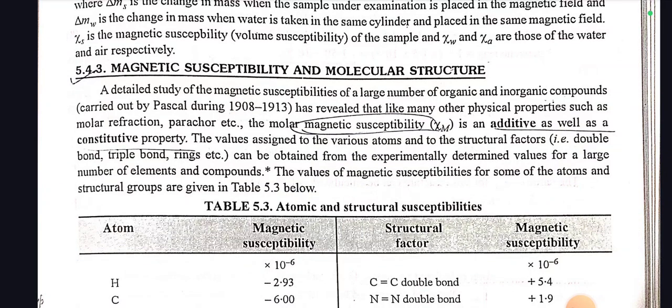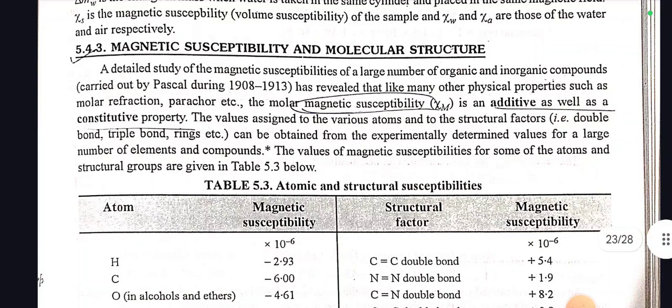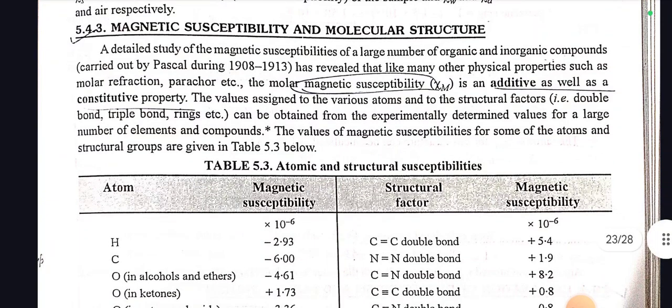A detailed study of the magnetic susceptibility of a large number of organic and inorganic compounds has revealed that, like many other physical properties such as molar refraction, parachor, etc., the molar magnetic susceptibility is an additive as well as a constitutive property.